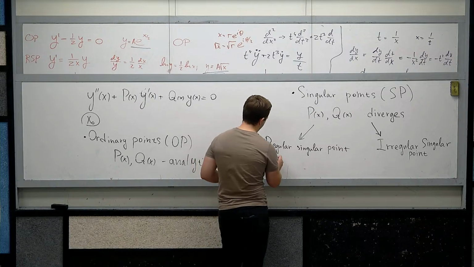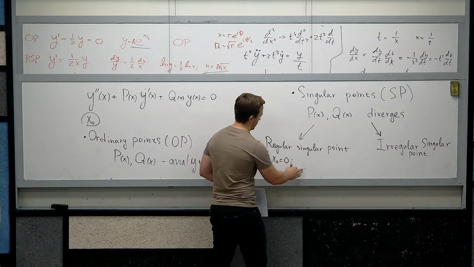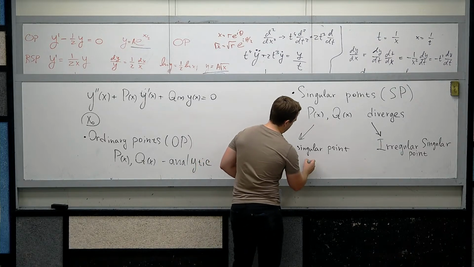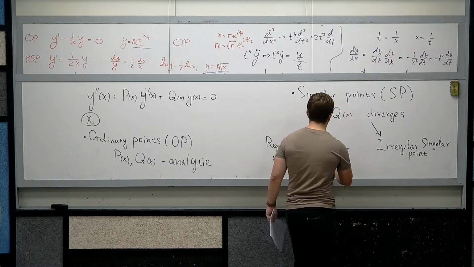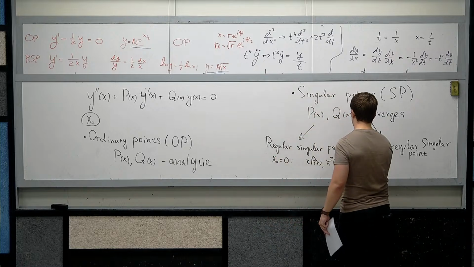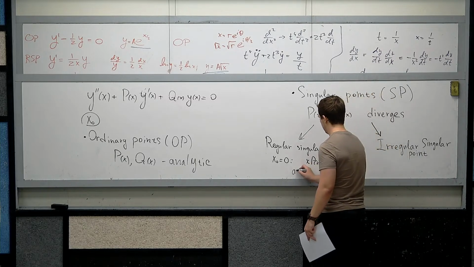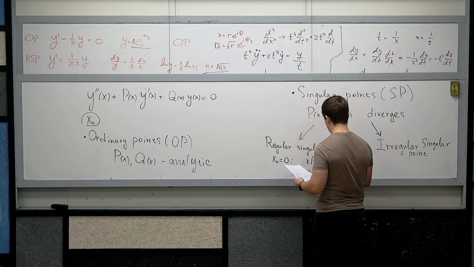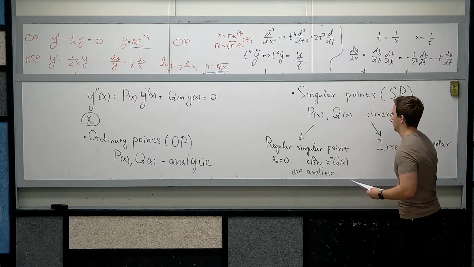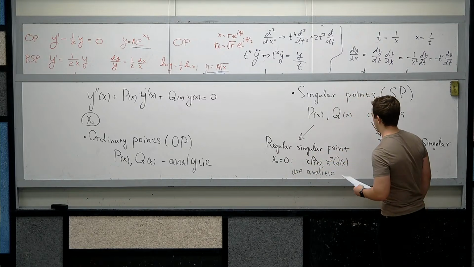For example, for x naught equals 0, if x multiplied by p of x and x squared multiplied by q of x, if those two are analytic, we say that x naught is a regular singular point.